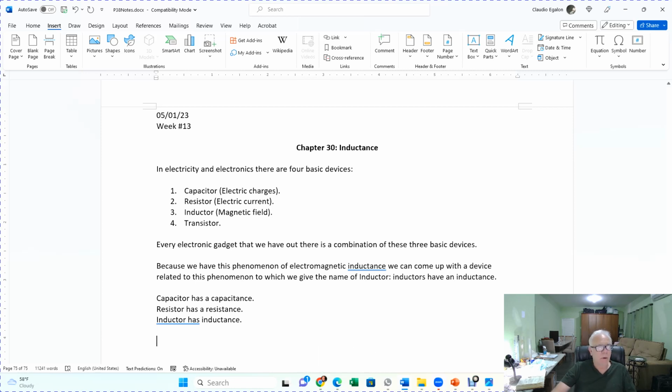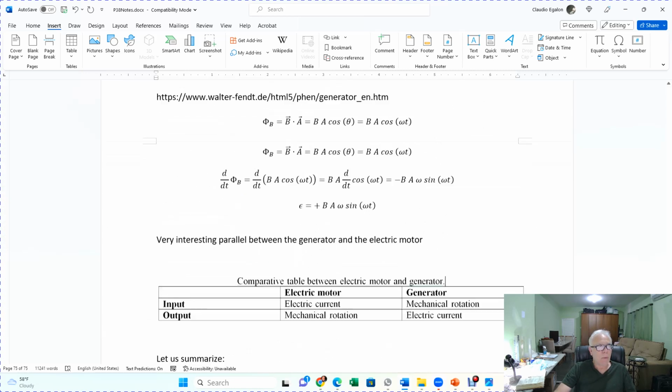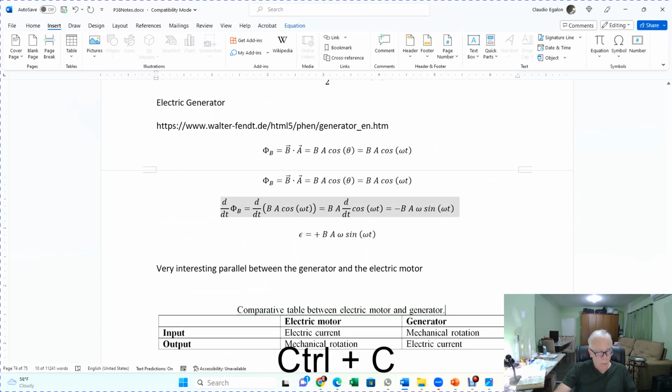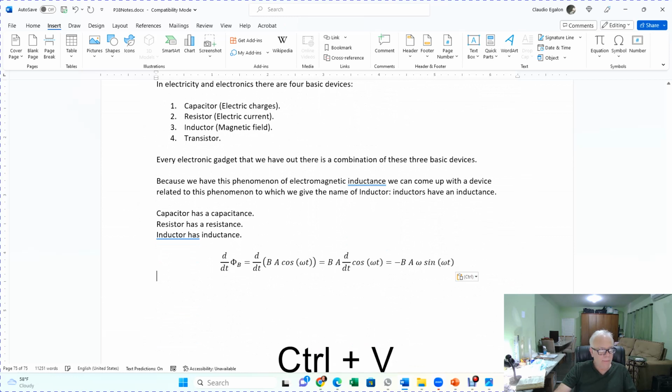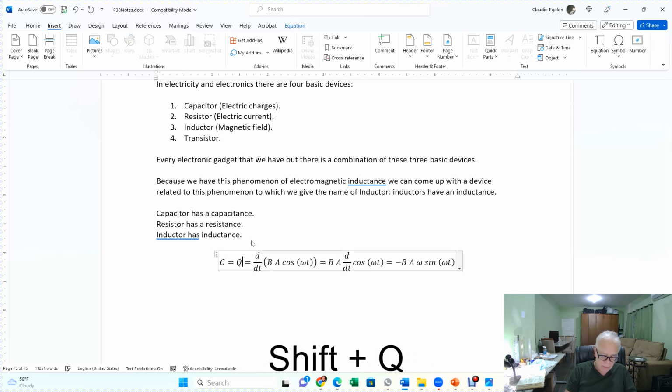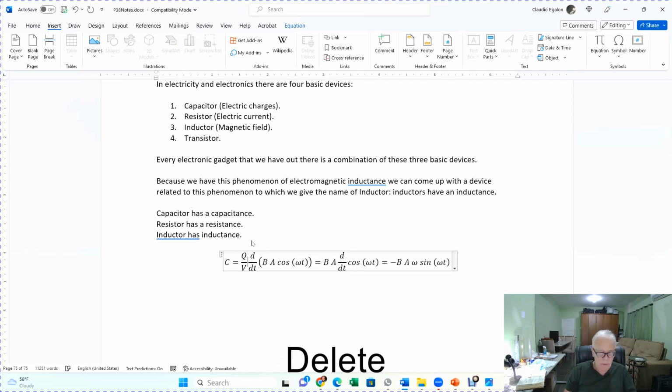But again, before we get into that, let me do one more thing. I want you to remember how we define the capacitance, right? Capacitance is the charge divided by the voltage.